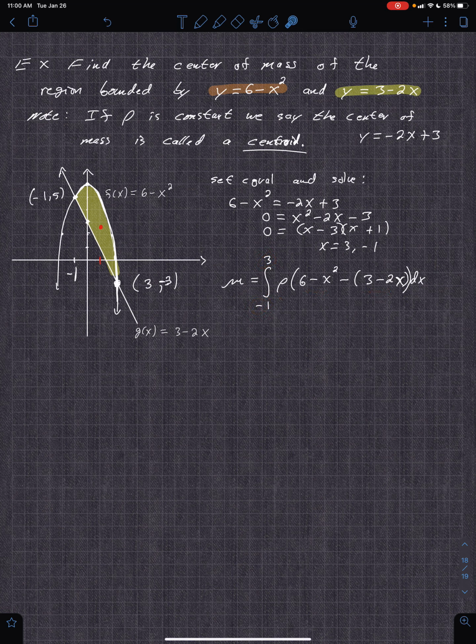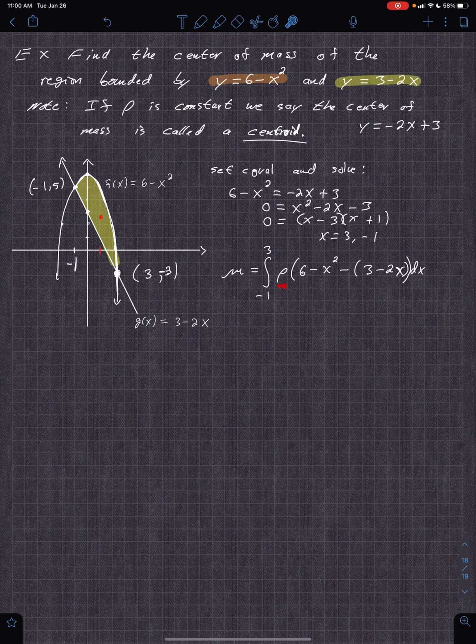In that interval the parabola is the larger one, and you take the difference, getting that representative rectangle. You get the mass when you multiply by rho, because rho is area mass density. So we will calculate that.